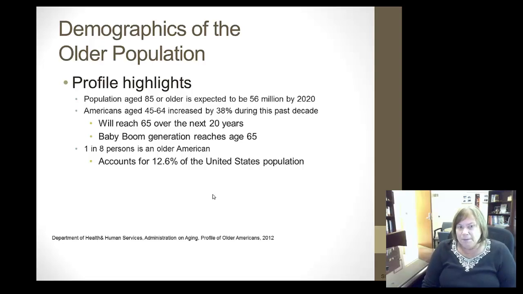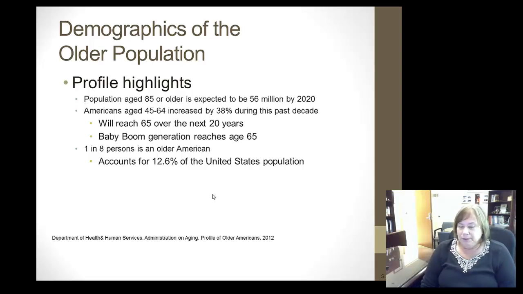The population of people older than 65 has increased steadily over the years, and they expect the number of people older than 85 to go up to 56 million by 2020, which is a great increase in the older adult population.